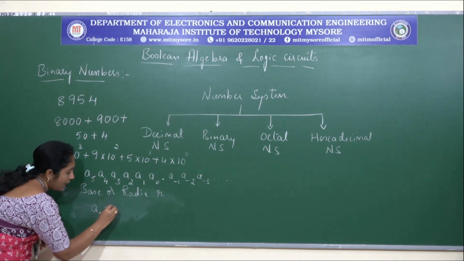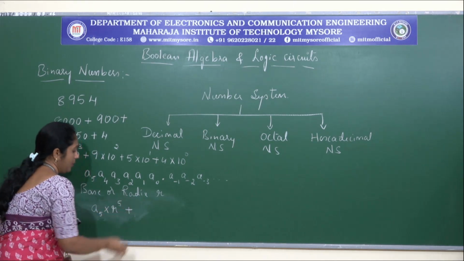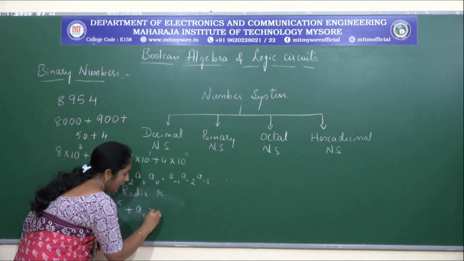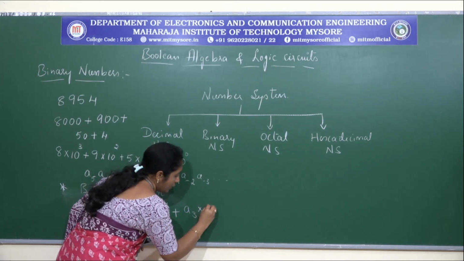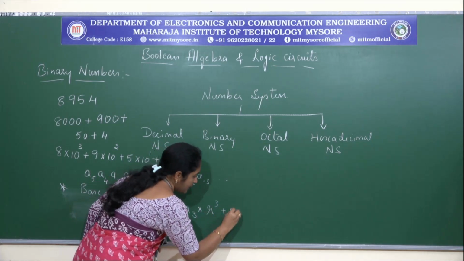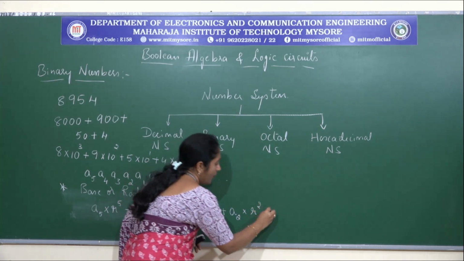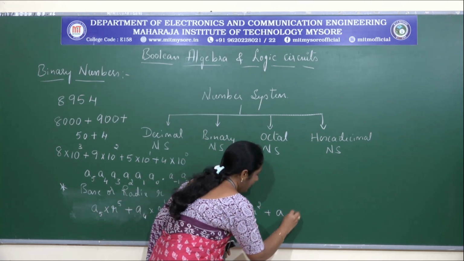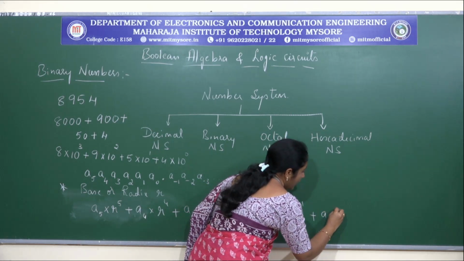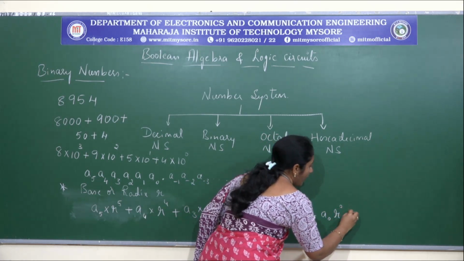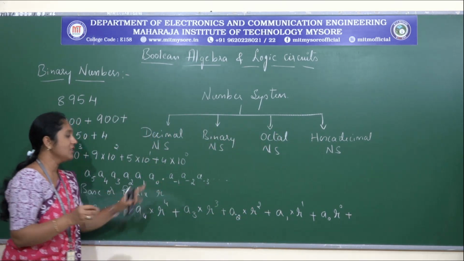Using these coefficients we can represent the general equation like this: a5 into r to the power 5 plus a4 into r to the power 4 plus a3 into r power 3 plus a2 into r power 2 plus a1 into r power 1 plus a0 into r power 0 plus, we need to represent the digits after the decimal point.